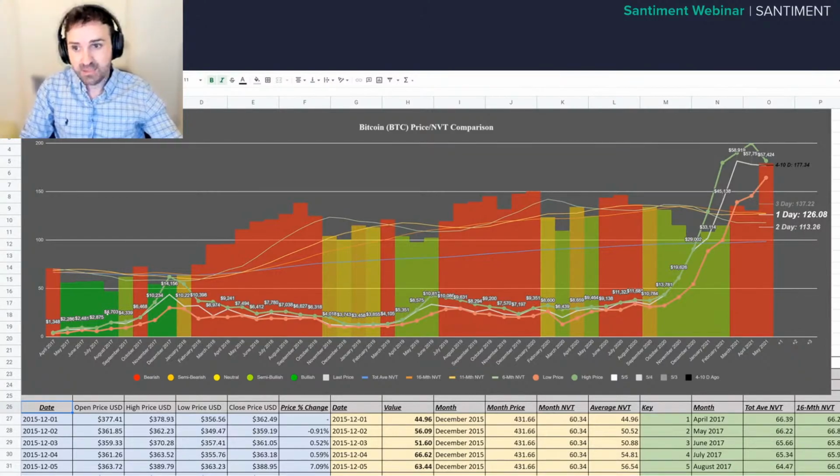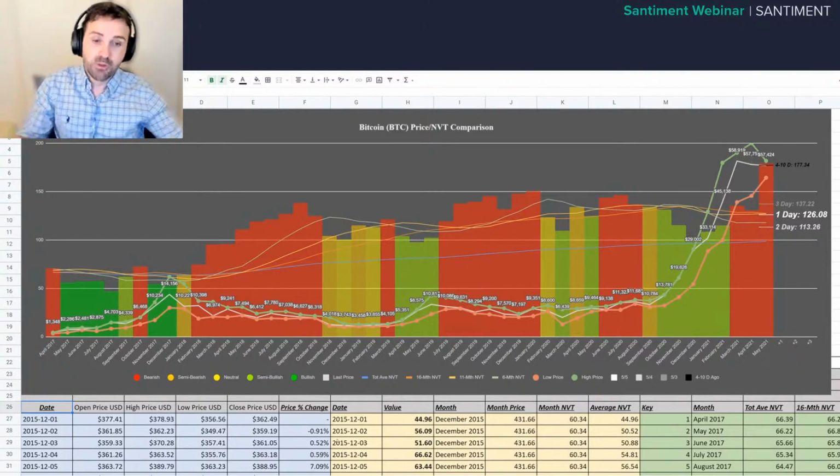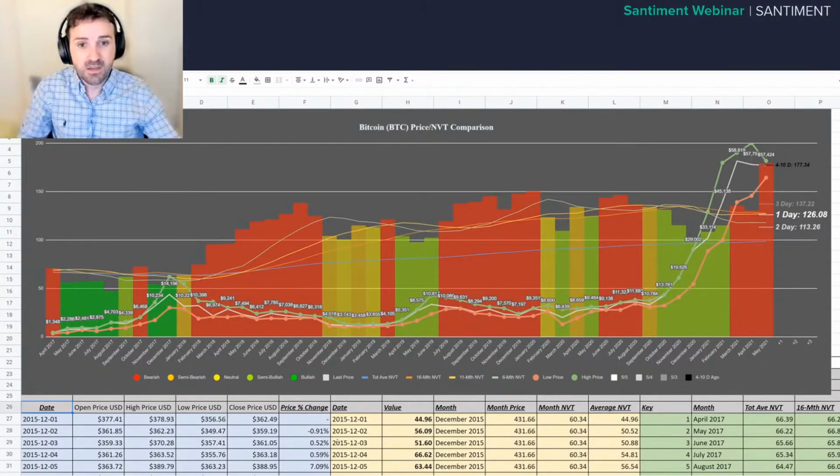That happened from May to about August when prices started to soar. And then it eventually, in February 2018, had that drop off. So we look to this kind of model as a great indication for whether the amount of unique transactions happening, or tokens, I should say, are keeping up with the current market cap.